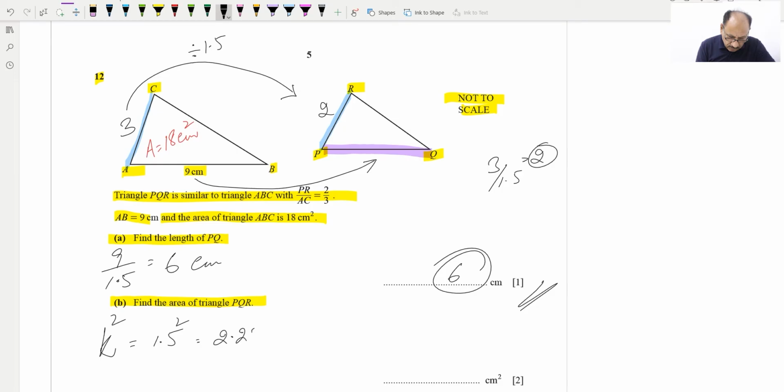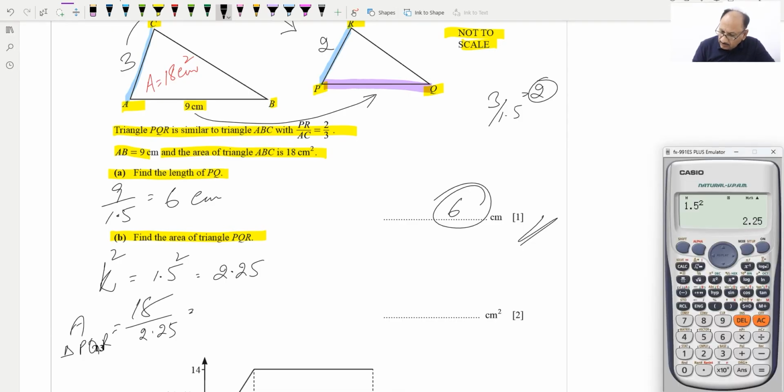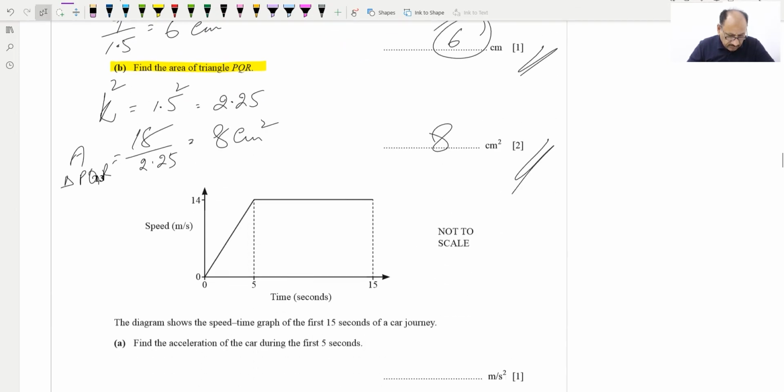Now we need to convert the area. So the area of triangle PQR will be equal to 18 divided by 2.25, and the answer is 8. So 8 centimeters square will be our answer for 2 marks.